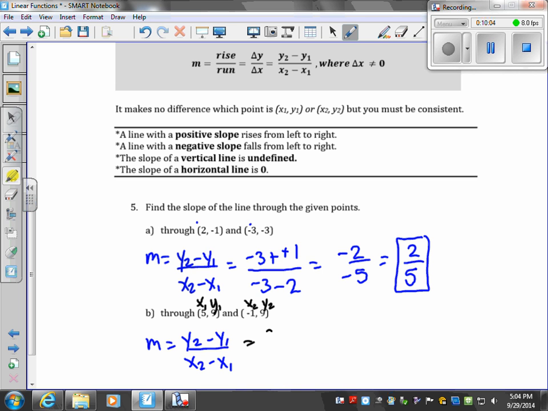So it's 9 minus 9 over negative 1 minus 5, and 9 minus 9 is 0, over negative 6. This is going to be a slope of 0, which we set up here as a horizontal line. But all they asked us about in this particular case is just the slope.